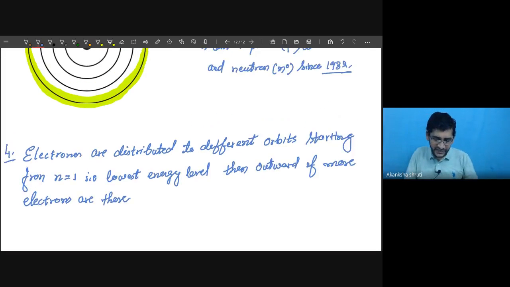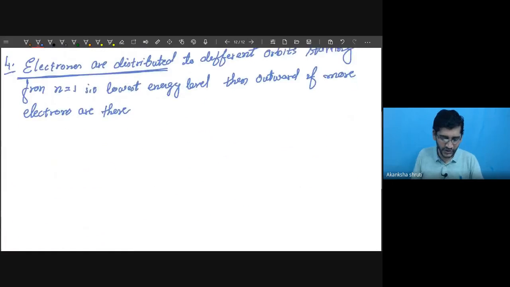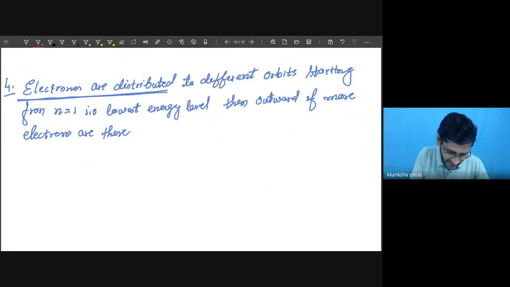So how are these electrons distributed? The distribution of electrons in different orbits is called electronic configuration. So write that.